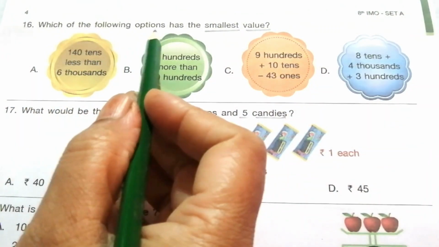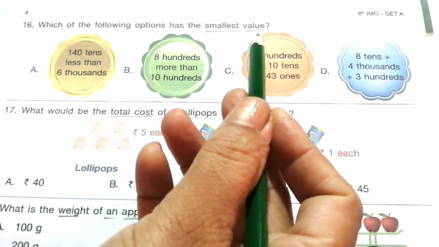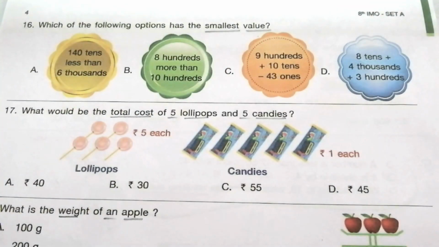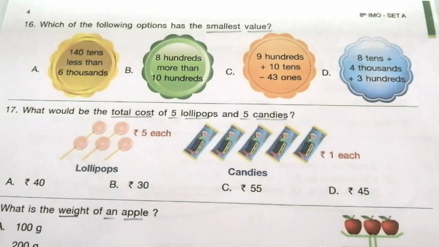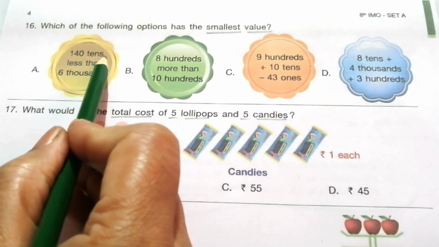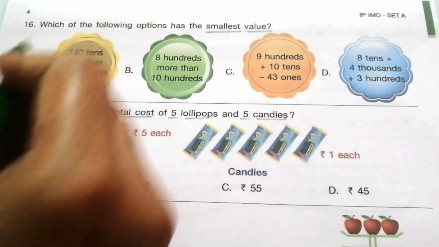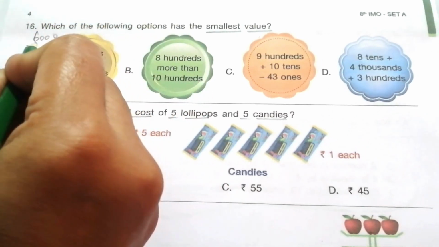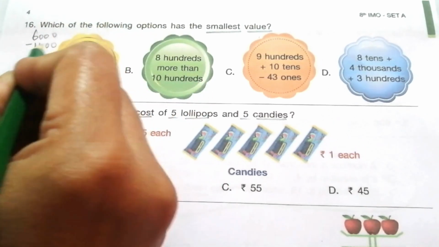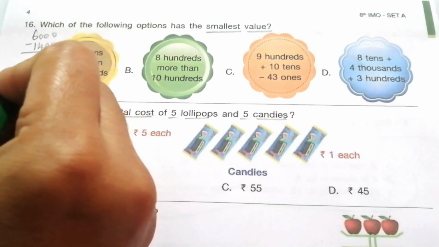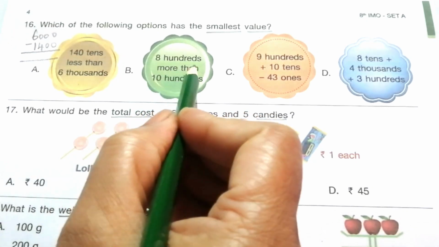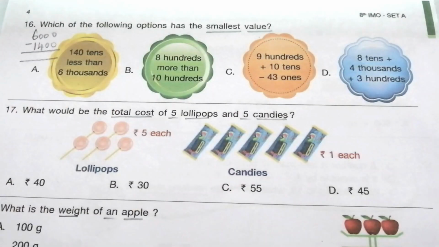16. Which of the following options has the smallest value? You read the given options and try to find out the answer. So how to write this statement? 140 tens less than 6,000. So 6,000 minus 140 tens, that is 1400. So you subtract and find the value. Likewise, 800 more than 10 hundreds.